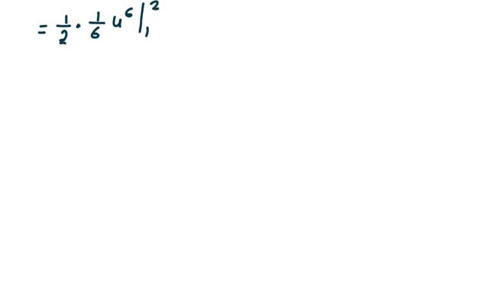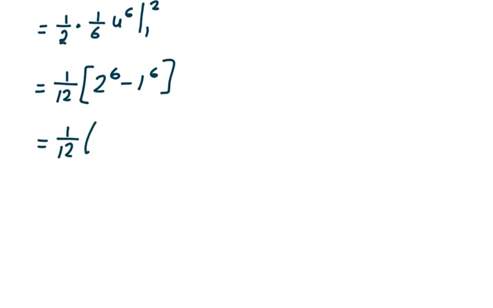Now, 2 times 6 is 12. So I'm going to pull a 1/12 out in front. And then I'm going to get 2 to the 6th minus 1 to the 6th. 2 to the 6th is 64. So this is 1/12 times 64 minus 1.